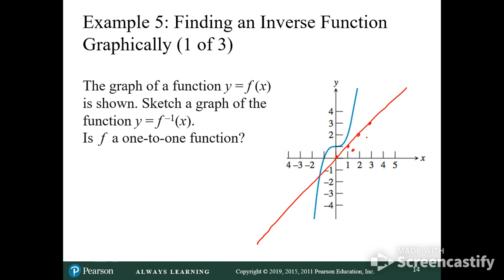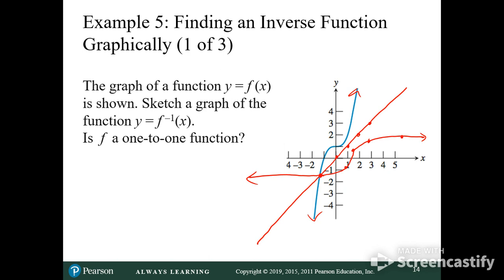This point here goes to about right here. This point here goes to about right here. This point here crosses. This point here is about right here. So what happens is it kind of looks like that, and it crosses like that. See how they're mirror images of each other across that line.